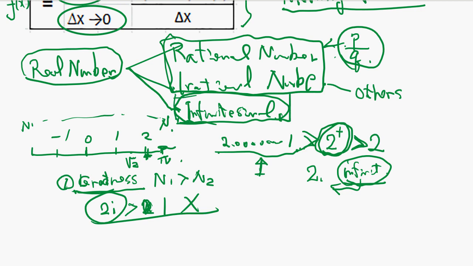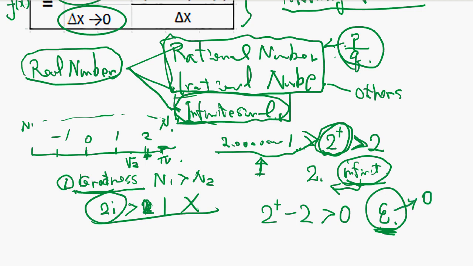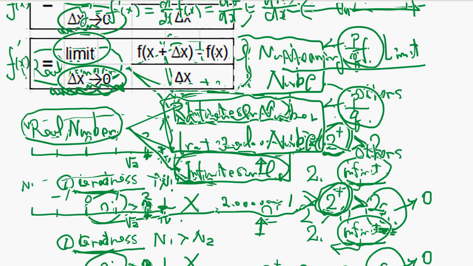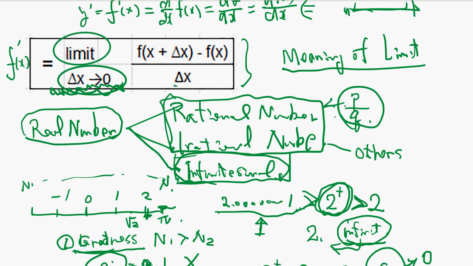Well, 2 plus some amount epsilon is positive, but this is very close to 0. Okay, remember, something very close to 0. So what this formula is asking is to turn this into an infinitesimal number, but they didn't teach you what an infinitesimal number is.